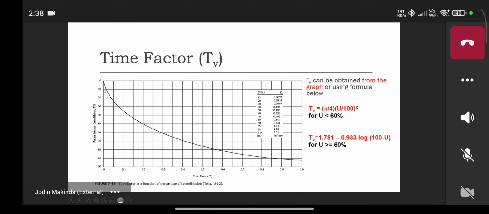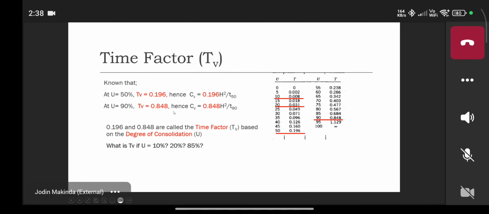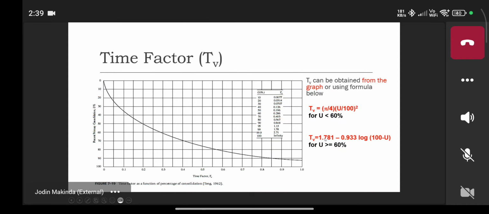Or you have 70%, you scale off, you get the time factor 0.4. So this is the alternative. If you are not given this table to calculate time factor, you can also use this chart.